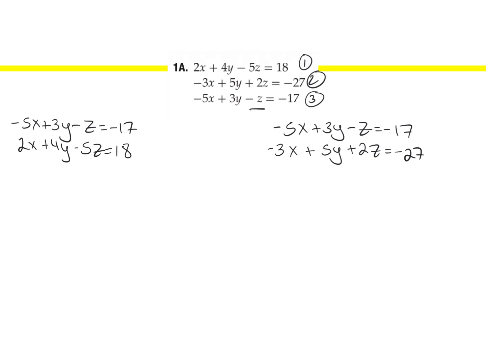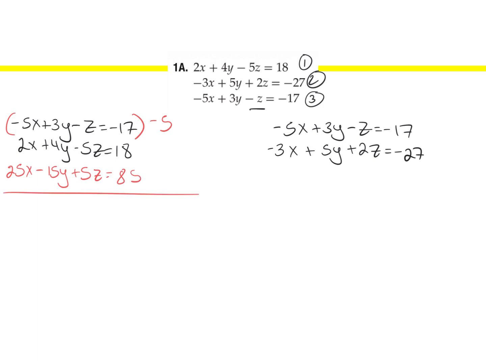Now, why did I choose equation 3? Because if I multiply this equation by -5, I am able to get rid of the z's. So I'm going to get positive 25x minus 15y plus 5z equals, then 17 times 5 is going to be 85.